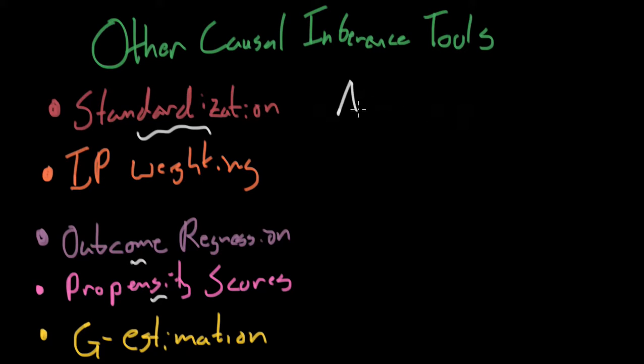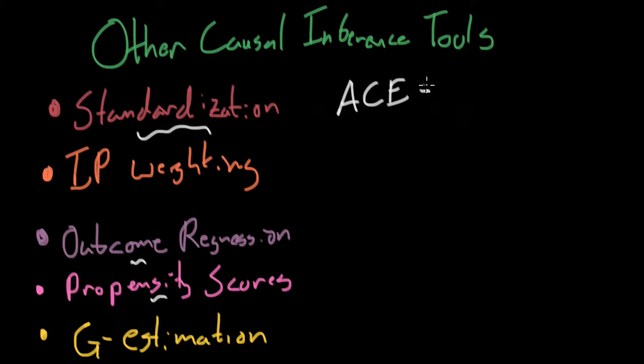Standardization assumes that we are interested in the average causal effect in the population, that we can restrict our analysis to specific subgroups, as we talked about before. We simply strip the groups that we're not interested in from the population, and then we do our analysis on this subpopulation.